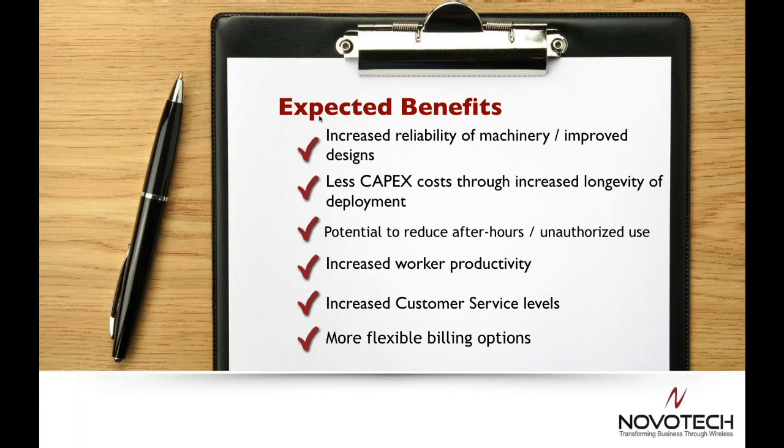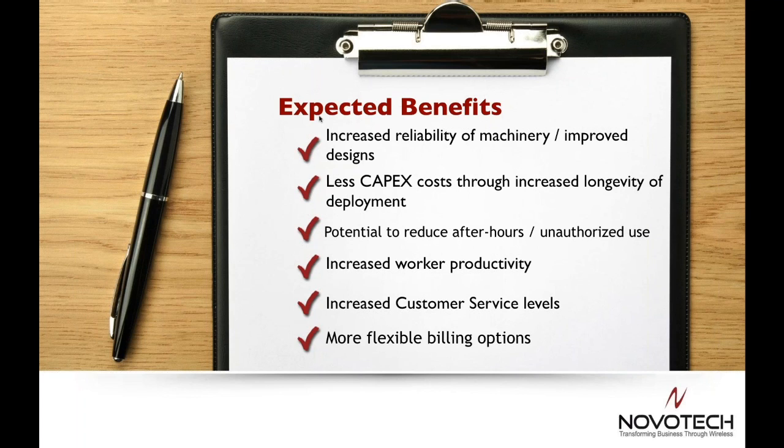And that will reduce your CapEx costs going forward. For many business owners, the idea of reducing after-hours use is not only about money, it can also be about legal liability. If your devices are being used by people who weren't supposed to be using them, this could increase the risk of injury and potentially even lawsuits. If your equipment goes down less often and you have better information, it makes sense that your employees be much more productive, especially your repair and maintenance crews.